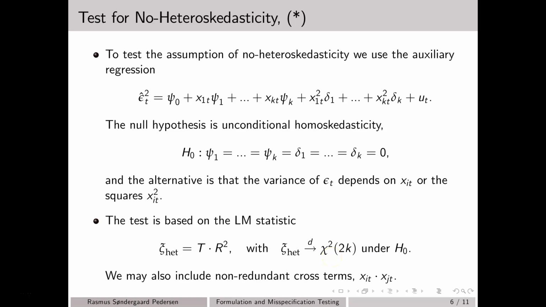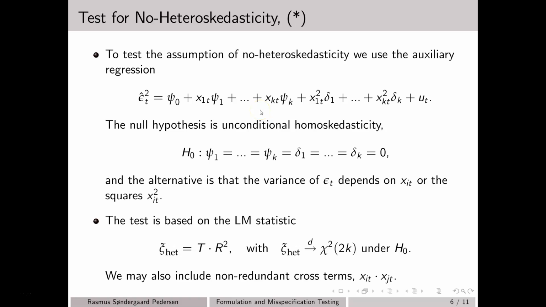We may also test if the errors are heteroscedastic, and we can do this by considering a test for no heteroscedasticity. We can again consider an auxiliary regression where we regress the squared estimated residuals on all of the regressor variables and all the squared regressor variables.